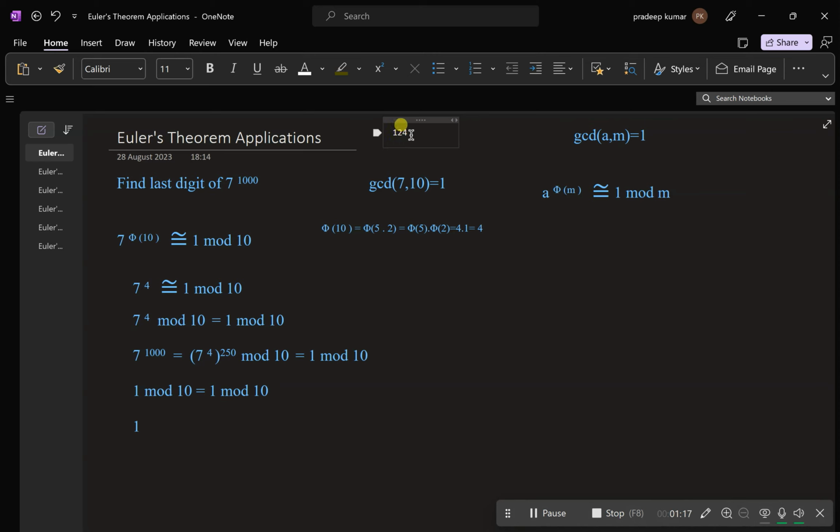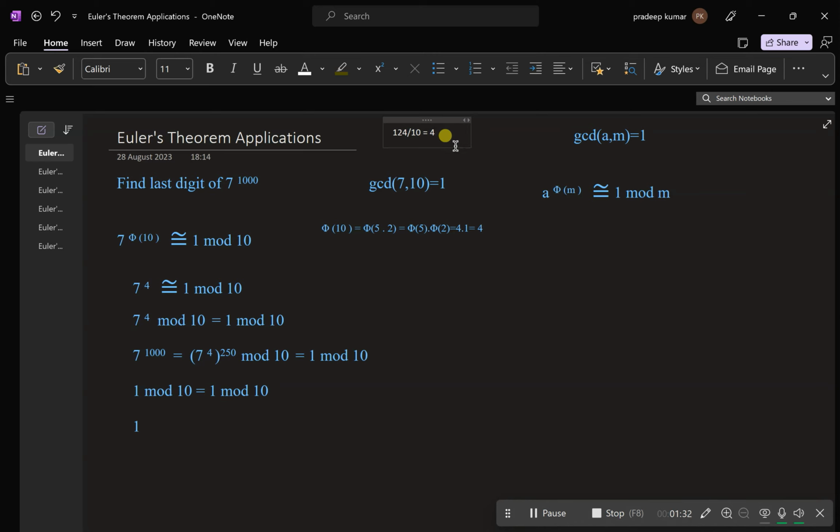If you want to find the last digit of any number, you just divide that number by 10 and take the remainder. Here, if you divide 124 by 10, the remainder is 4.